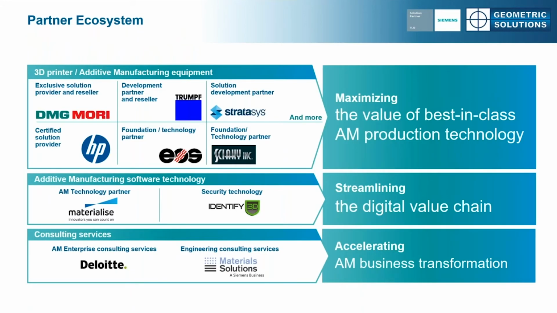Siemens is teaming up with the world's leaders in additive manufacturing equipment and technology because they recognize the importance of maximizing the value of our customers' additive manufacturing equipment, and that our customers are requiring multiple additive manufacturing technologies in production and software that can define the applications for that additive manufacturing.